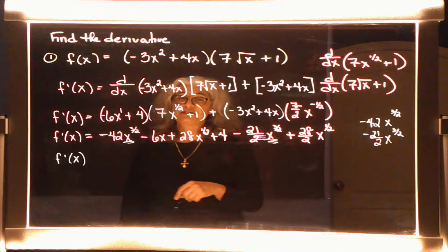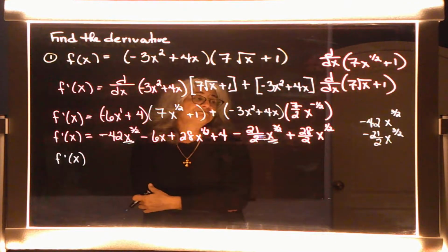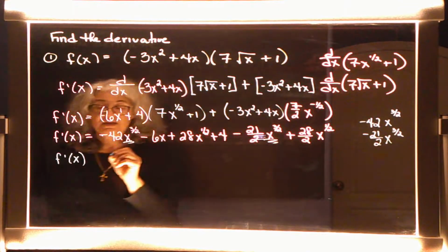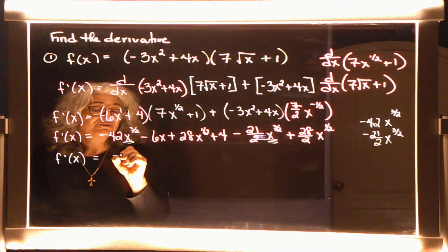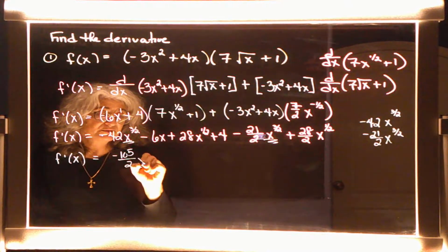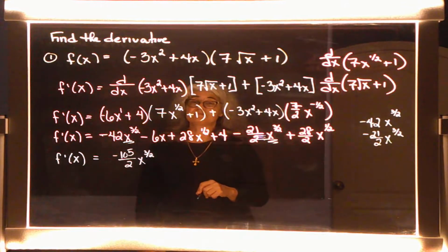Okay, common denominator. Go add them. I'll be back to you. Go ahead. What'd you get? Negative 105 over 2 x to the 3/2. Good? All right.